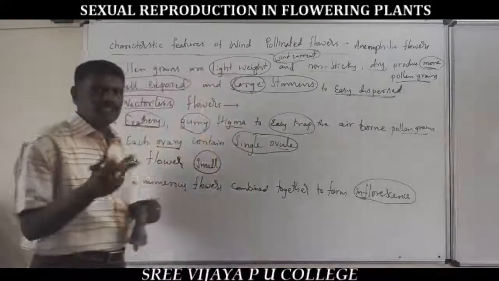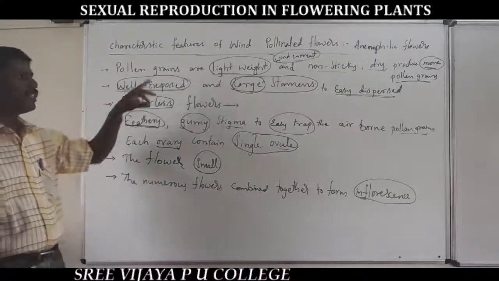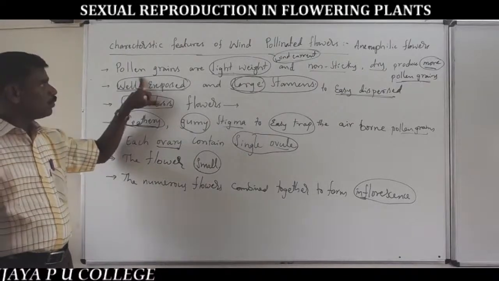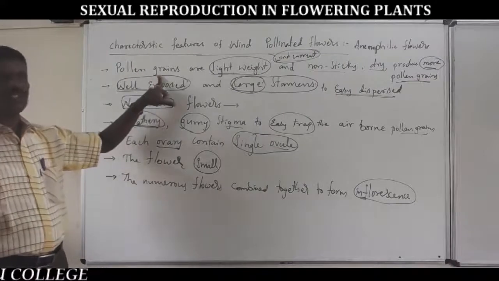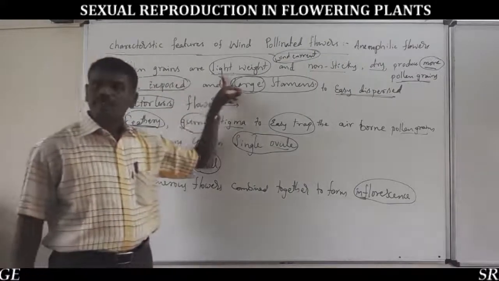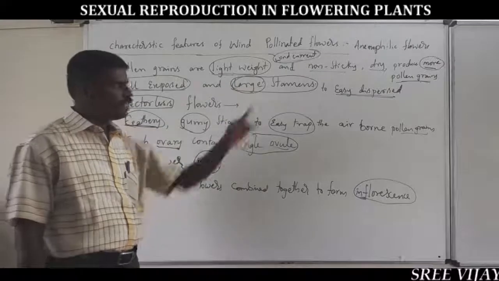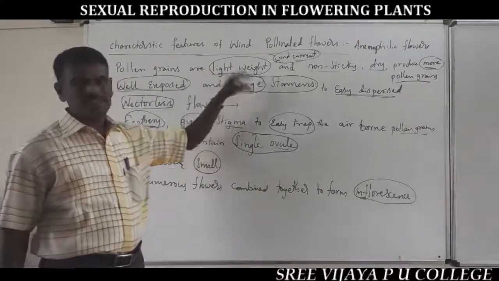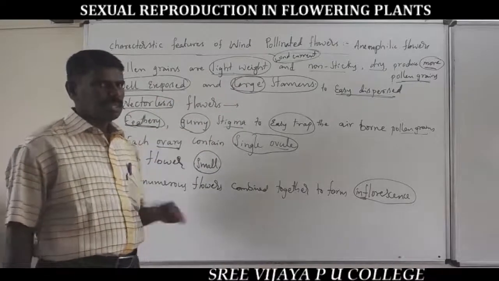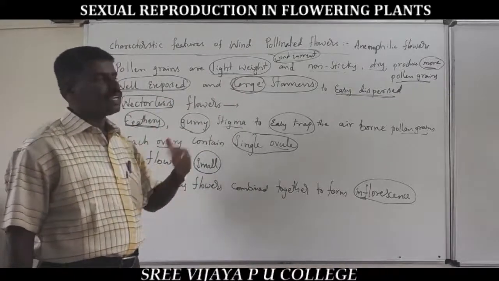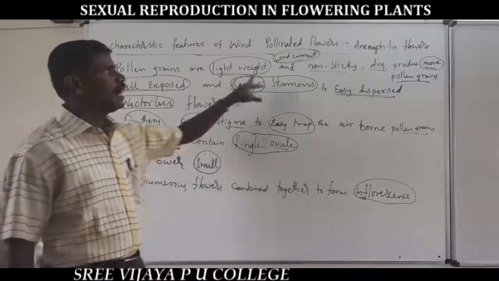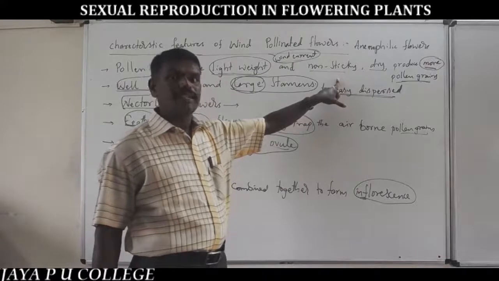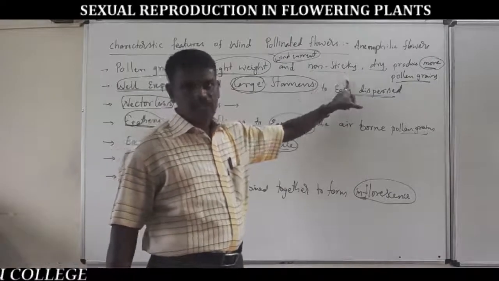Students, once again, the flowers are small, they produce more pollen grains, all of which are lightweight, so they are easily carried by the wind, and those pollen grains are dry and non-sticky in nature.